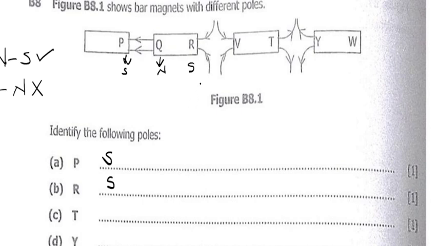Alright. Then I proceed. I say, look at V. It is coming from the north, going where V is. So look at the arrows, they're going where V is. So this simply means V is south, then T must be north.